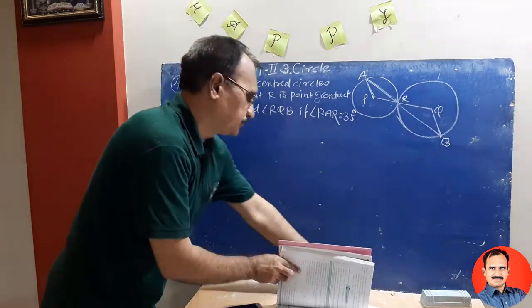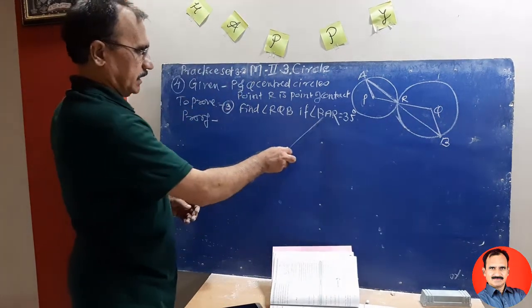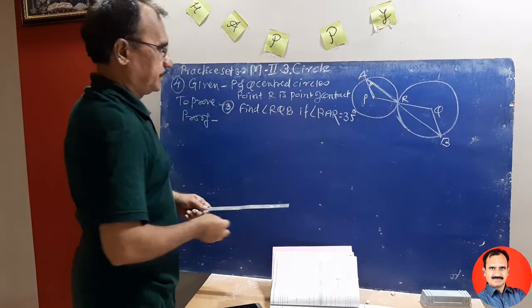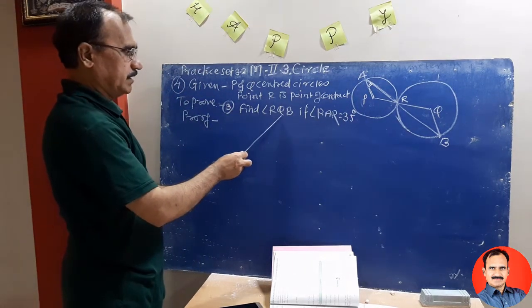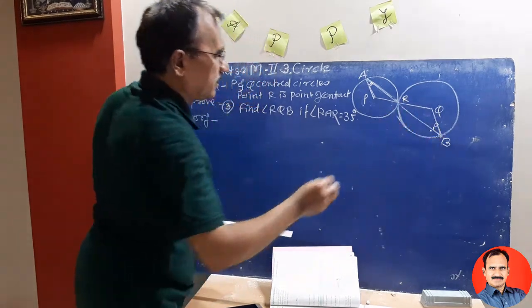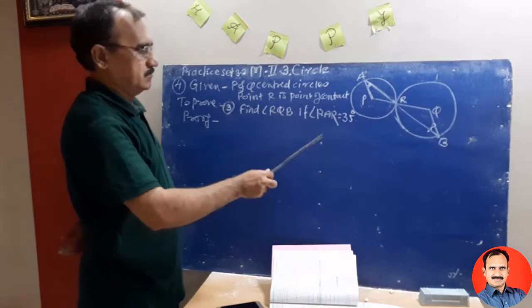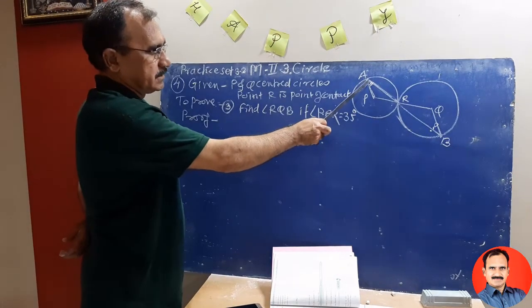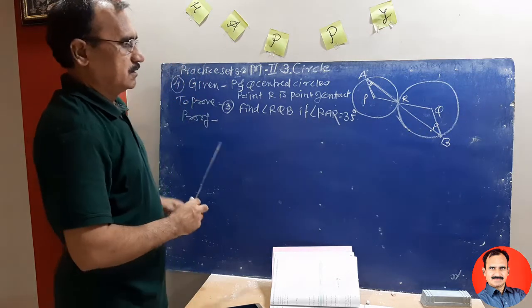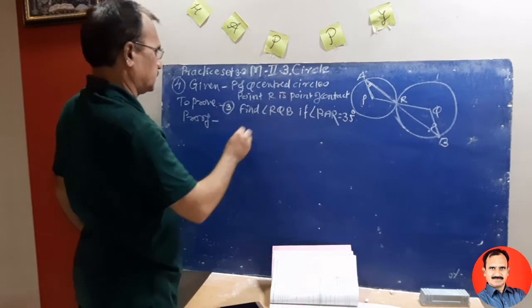In our figure, angle PAR is 35. This angle is given, and we have to find angle RQB, the measure of this angle. Now we know, in the second part of this example, these two angles are congruent because these angles are alternate angles or corresponding angles of similar triangles.